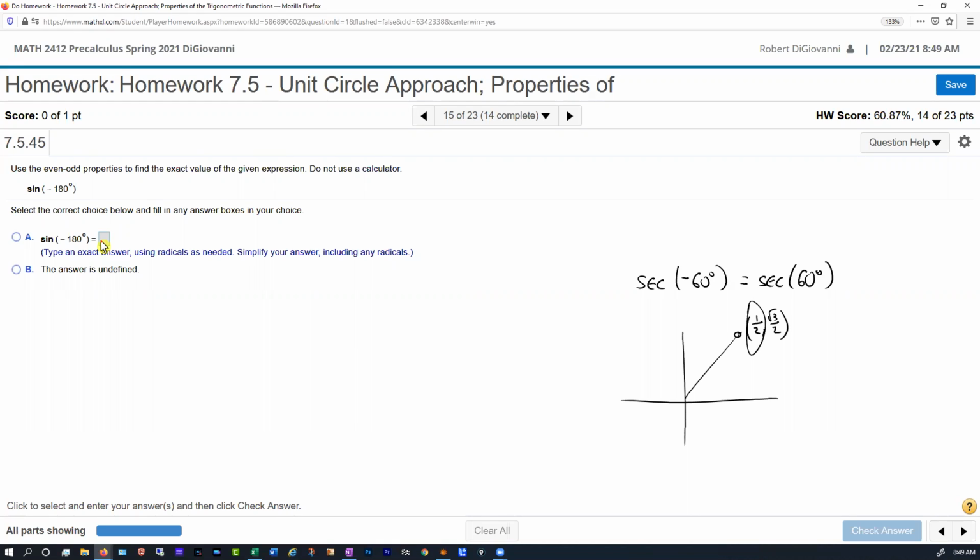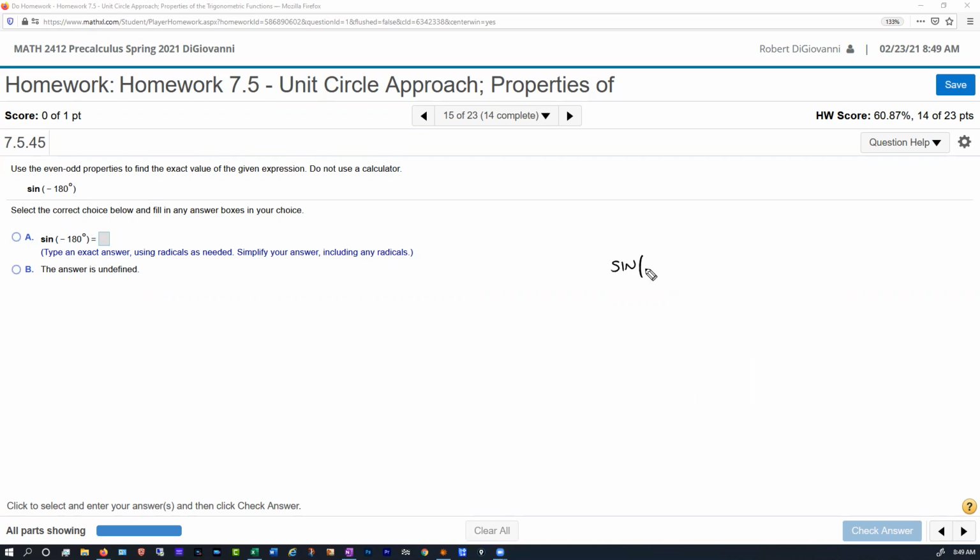All right, so sine is an odd function. So since sine is odd, that means that if we have sine of negative 180, this should be equal to not sine of 180, but negative sine of 180. So by this point, I hope you've caught on. Even means this: if you have a function and you plug in a value x, it's equal to plugging in the negative value.